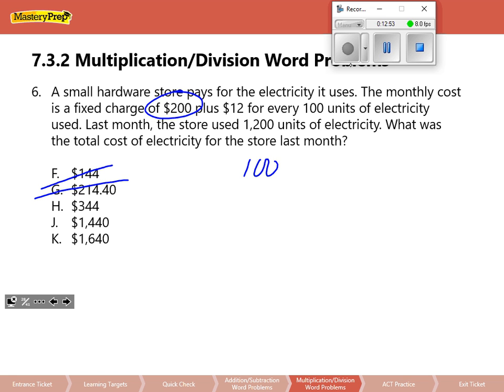We can start off with saying, well, 100 units would be $12. 200 units would be 24.